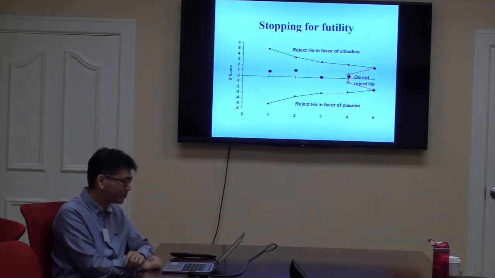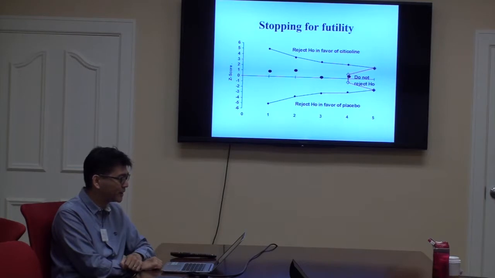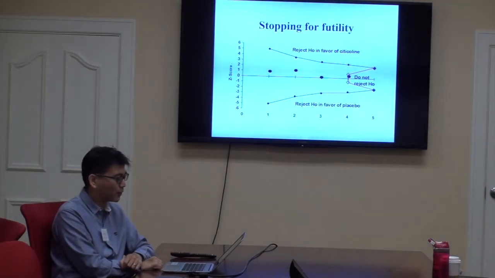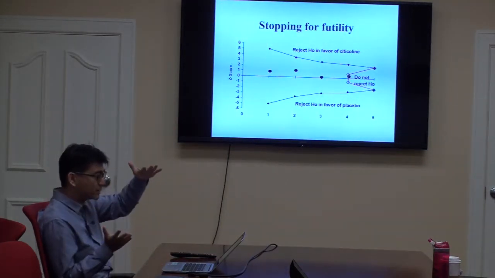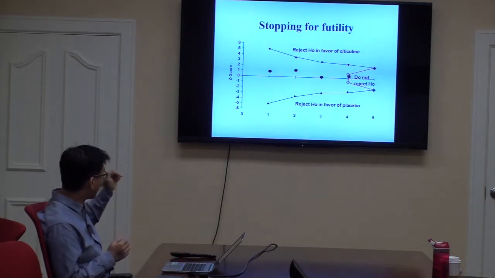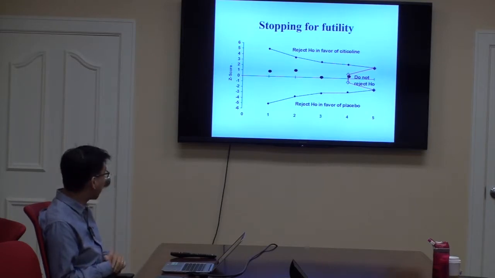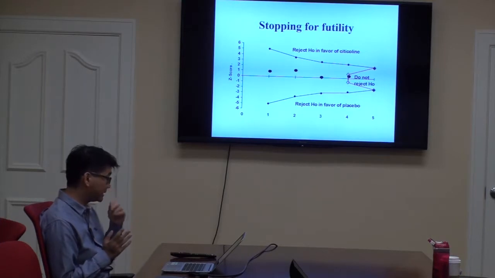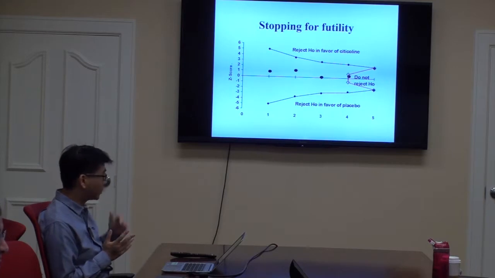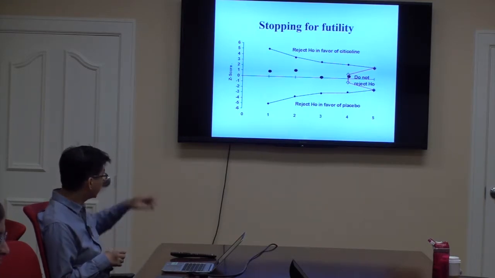Okay, so let's move on to stopping for futility. The concept is very similar. I'm not going to touch on anything that's technical. The idea is that the outer boundaries are stopping for efficacy. So if the observation crosses the black lines, we stop and call for a win. And analogously, if we receive data that suggests there's no way that we're going to cross the black line, we want to stop the study, and one way to do it is to come up with what we call a futility boundary, indicated by the red line.